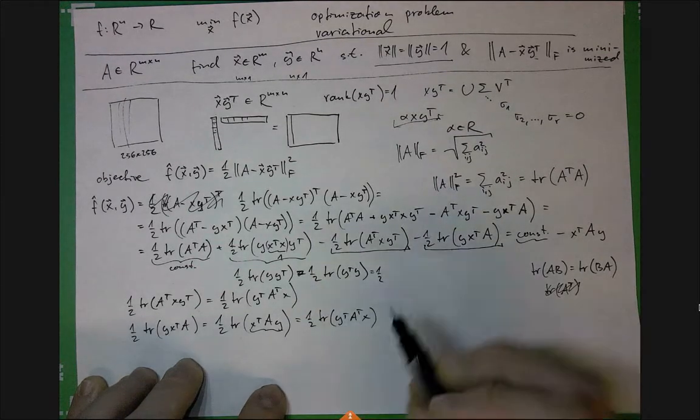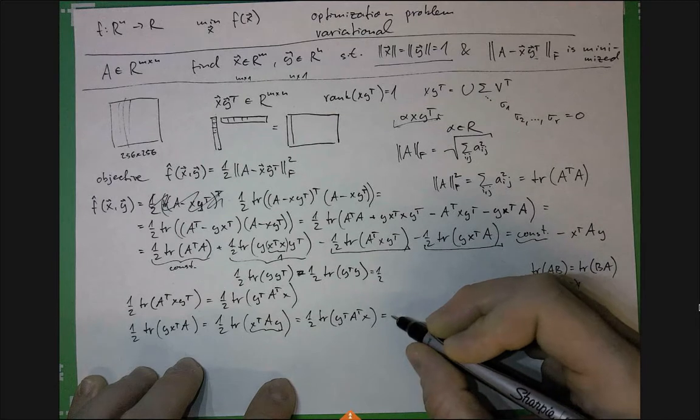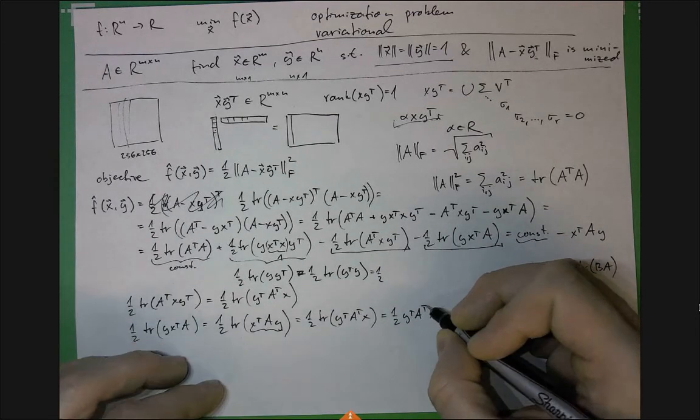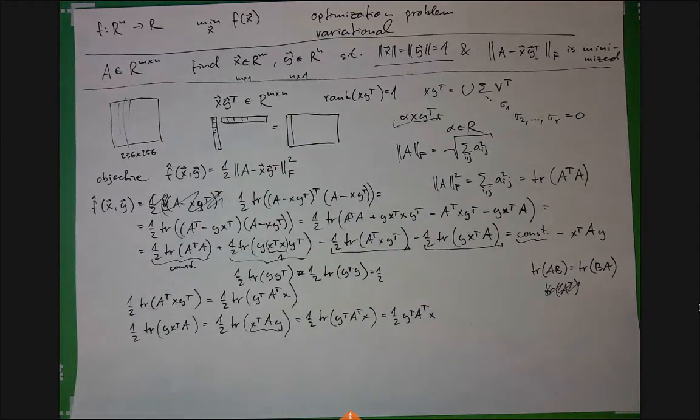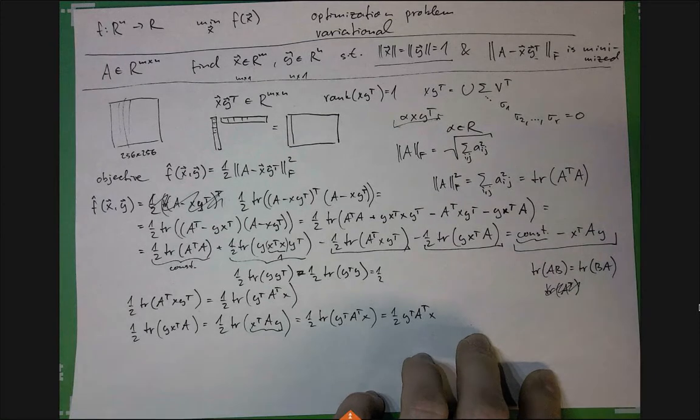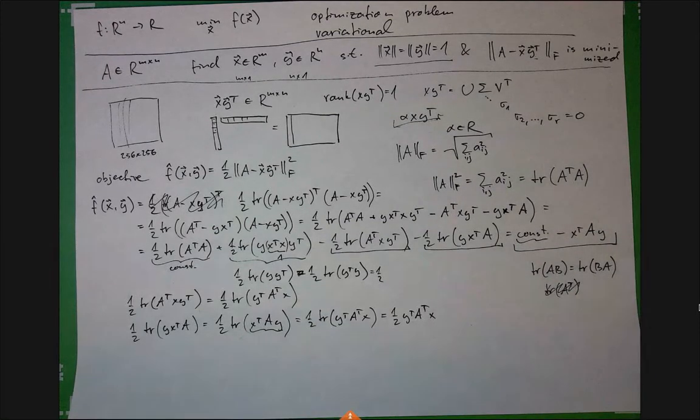Because if it's just 1 by 1, then I don't even need the trace there, because trace of a 1 by 1 matrix is just the scalar itself, right? So that's a reformulation of the objective, which is sort of interesting.